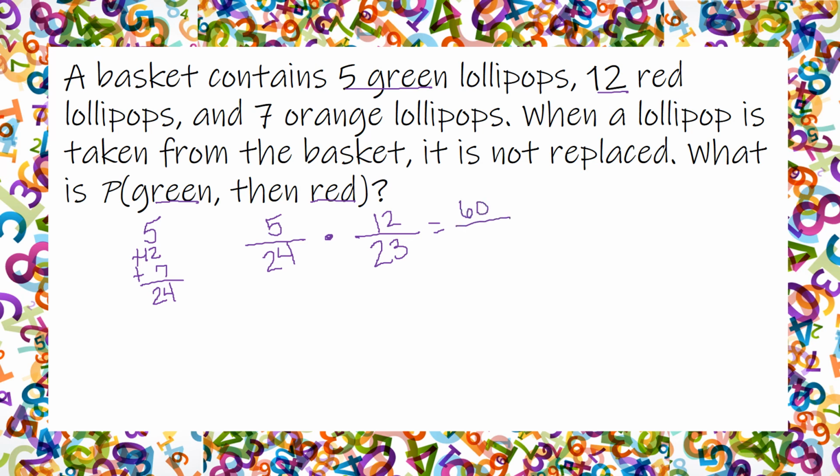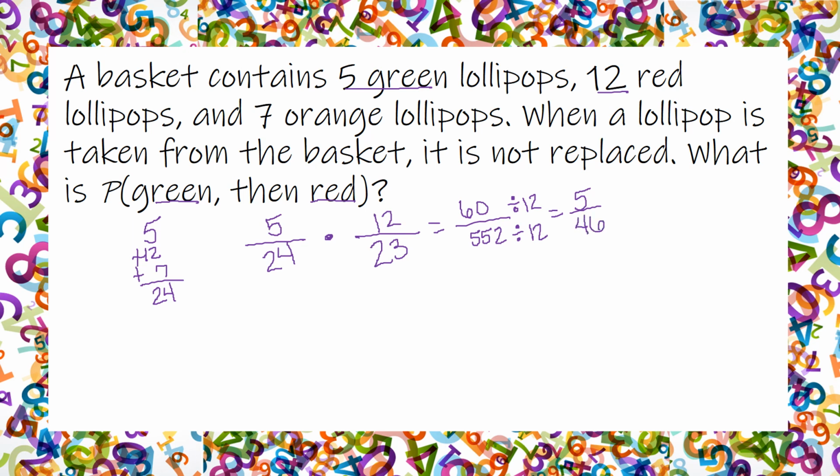Then I multiply across the bottom, 24 times 23, and I do get 552. Now, I know these are both divisible by 12. So I can divide both by 12 here. And I get 60 divided by 12 gives me 5. 552 divided by 12 gives me 46.